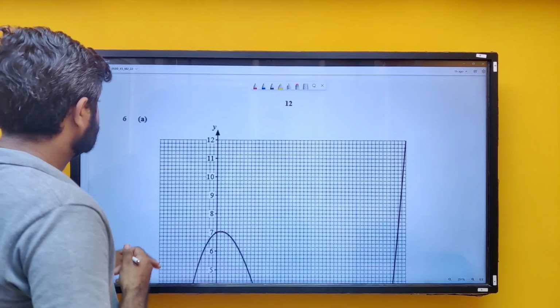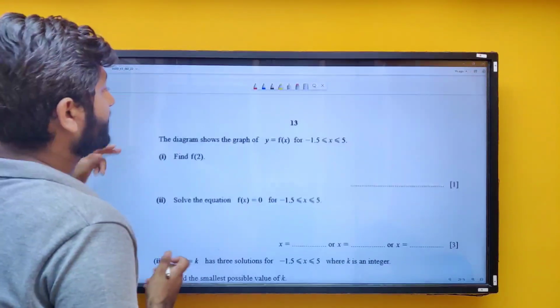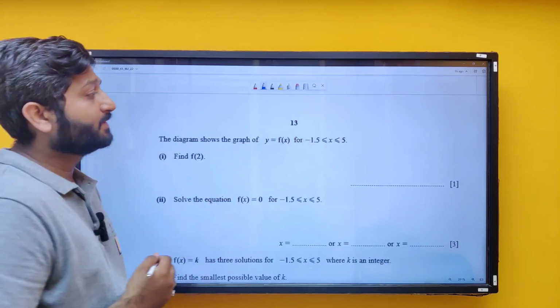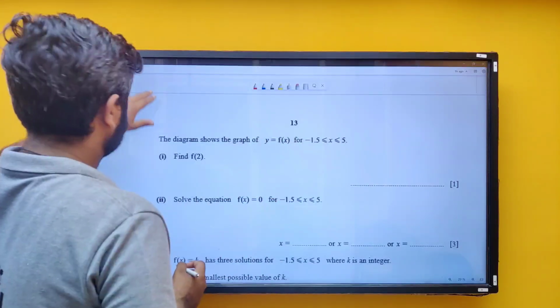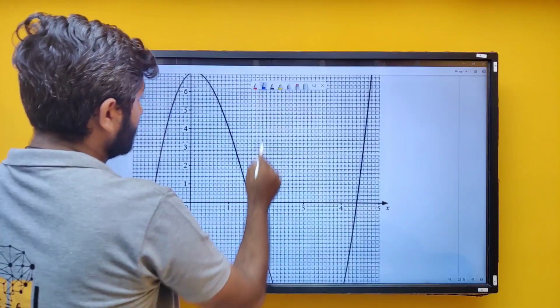Next question. Question number 6a. The diagram shows the graph of y equals f of x for x lying between minus 1.5 and 5. Find f of 2. F of 2 means when x is 2, so I am supposed to find the value of y when x is 2.